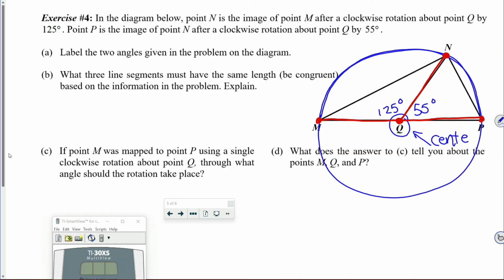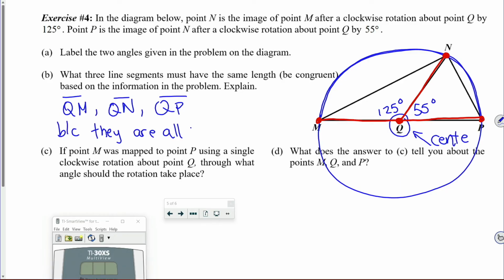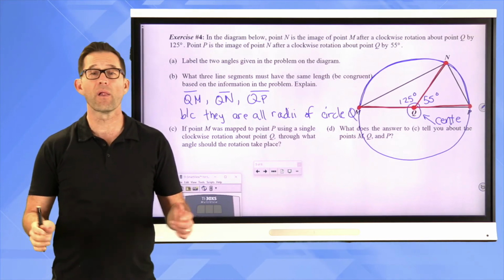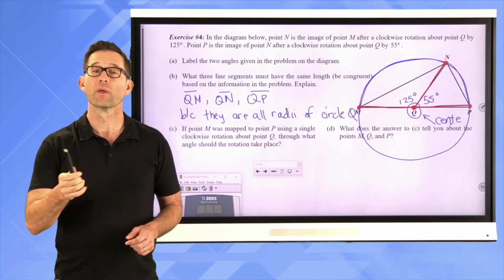That means that QM, QN, and QP are all the same length because they are all radii of circle Q. They're all radii of circle Q, so they all have to have the same length. Let's take a look at letter C.